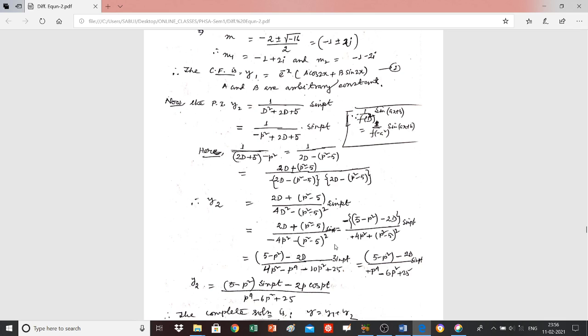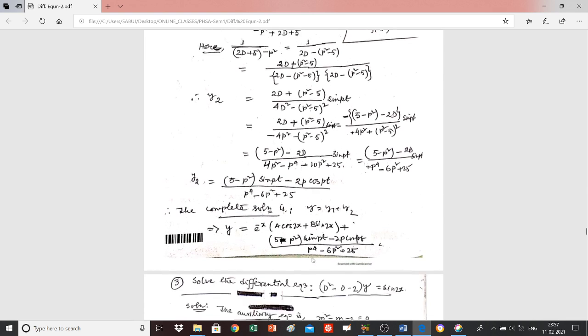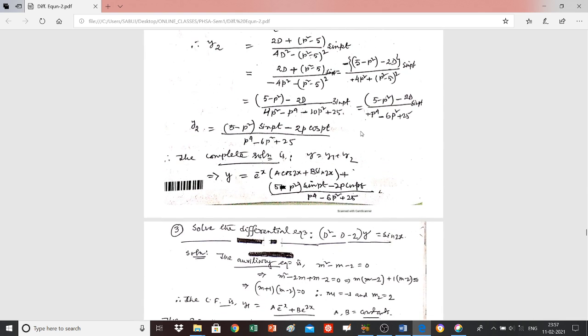In this case it should be minus 4p square, and write this term. So minus p square minus this should be minus 4p square, this minus 4p square will be here, okay, and after that write all the things, simplify this and you will finally get, here it is.